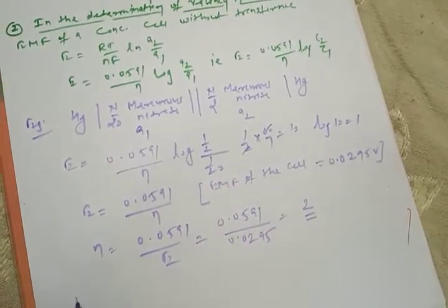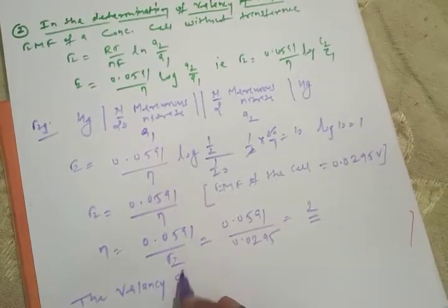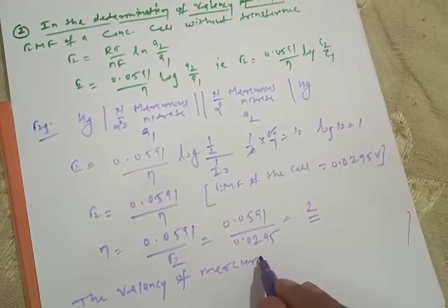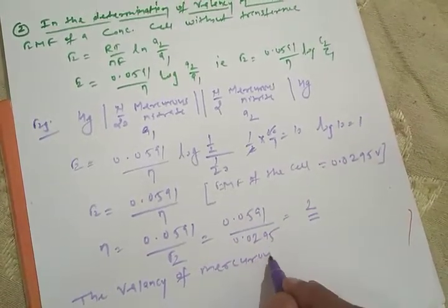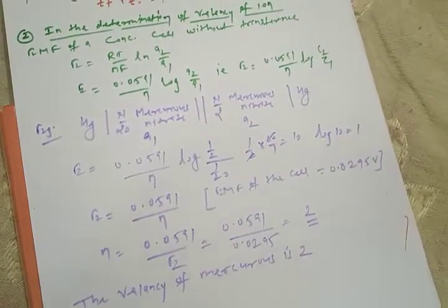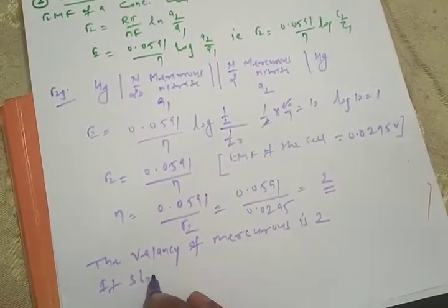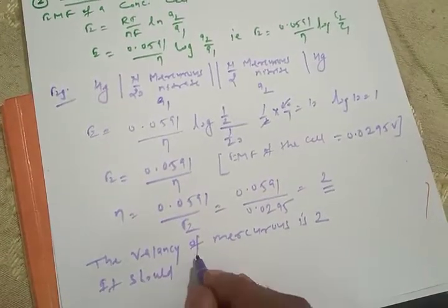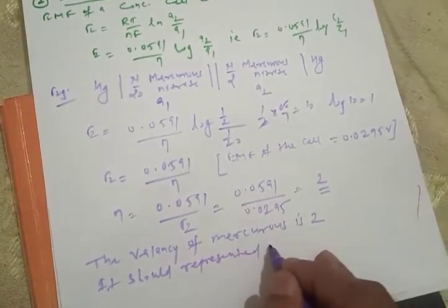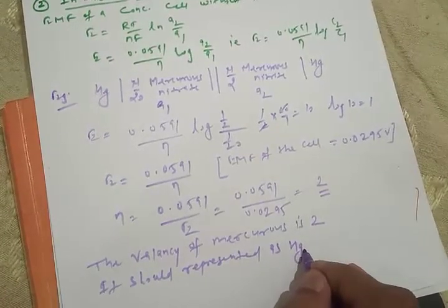So here we can write the valency of mercurous ion is 2, and it should be represented as Hg2 2+.